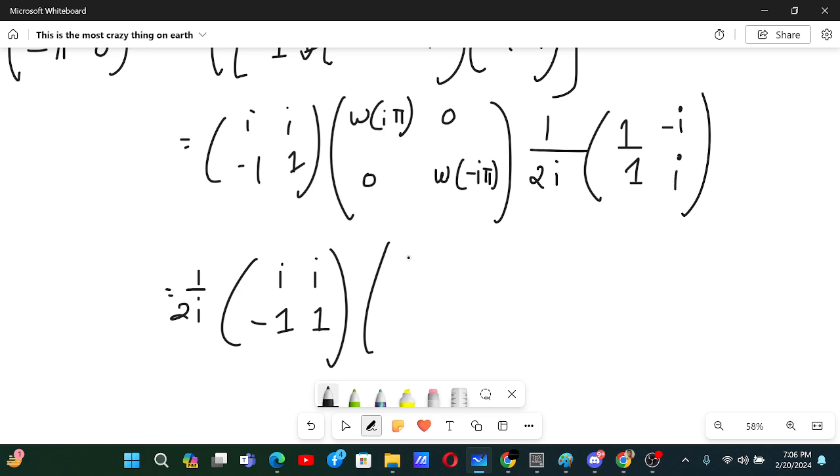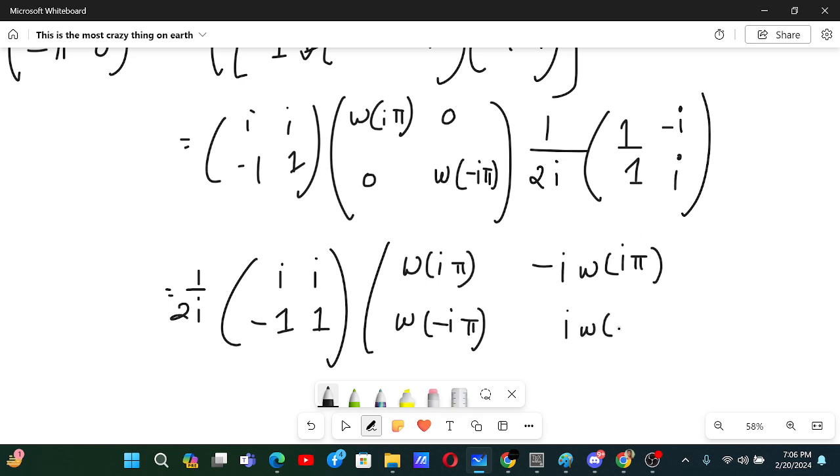So this is basically Lambert W of i pi, now minus i Lambert W of i pi, and this is Lambert W of minus i pi, and then i Lambert W of minus i pi. Is that true? Let me check first. Okay, that is true.